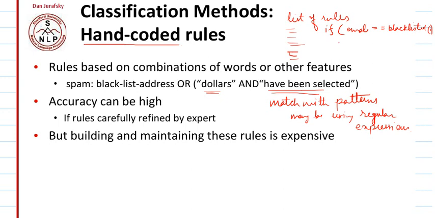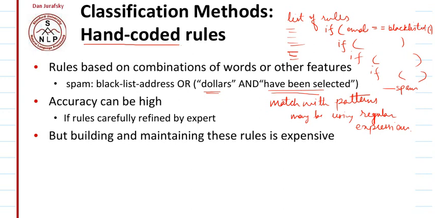Then again here we can have some other rule, and again some other rule. If all these rules come true for a spam, then we can say that finally it is a spam, right?